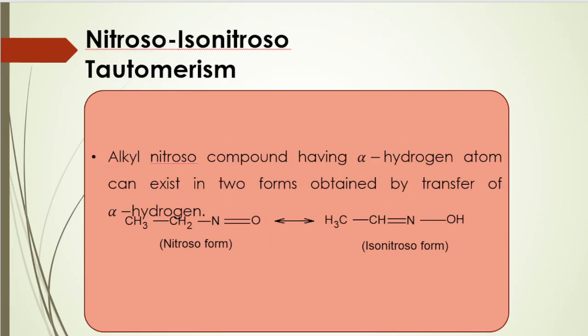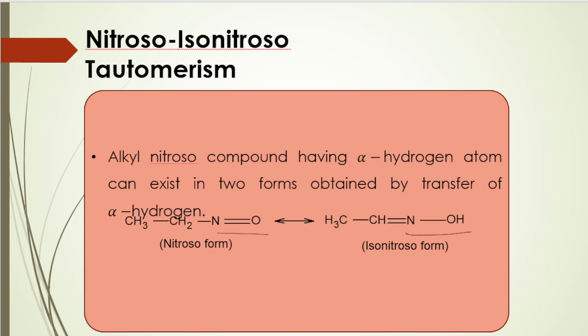And another tautomerism, nitroso and isonitroso tautomerism, you can clearly see here. Whenever there is an N=O over there, that is called the nitroso form, and whenever there is an isonitroso group, that is nothing but the NOH form.